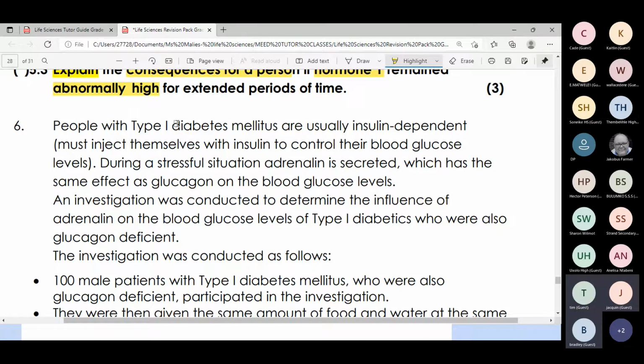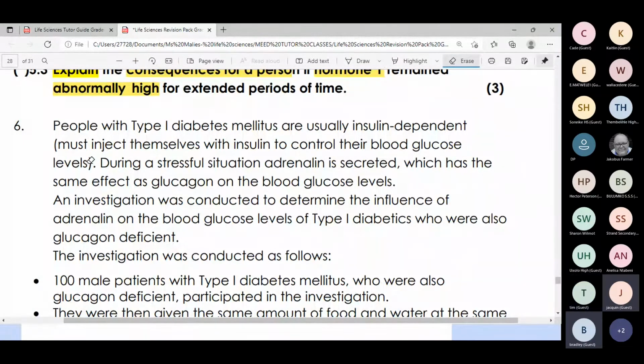Remember, grade 12s, diabetes mellitus means the person has a high glucose level, and that's why the hormone they're talking about here is insulin. High glucose, insulin. It has to control the blood glucose levels. And what does the insulin do? It must decrease the glucose levels back to normal.